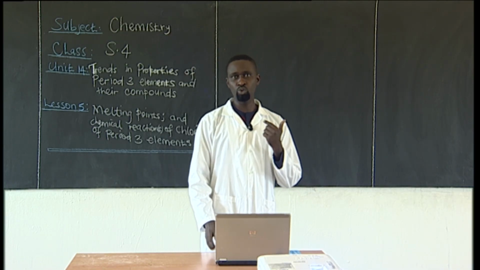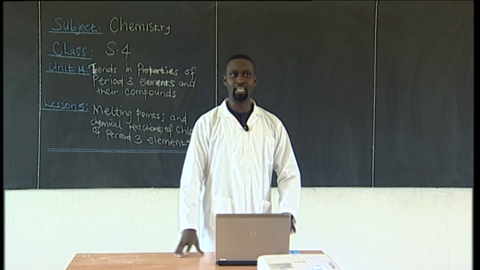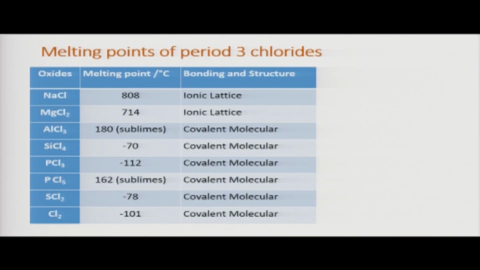Let's go to one of the other properties, and that is melting point. I want you to take a close look. Look at the trend in the melting points. You see the chlorides we included from sodium chloride to chlorine. Look at the melting point. See some unique points. Compare the melting points with the bonding and structure.